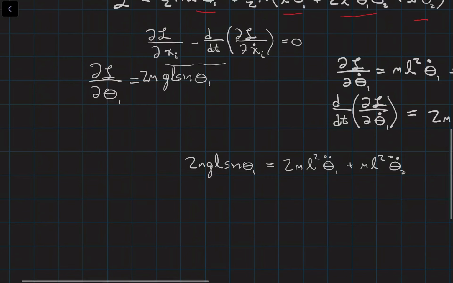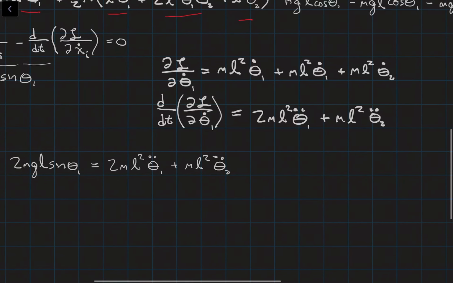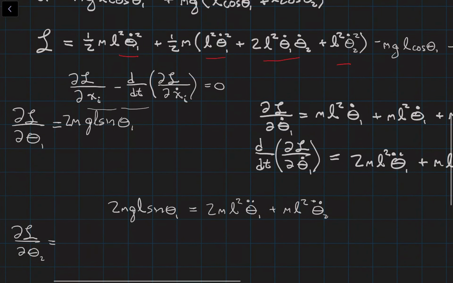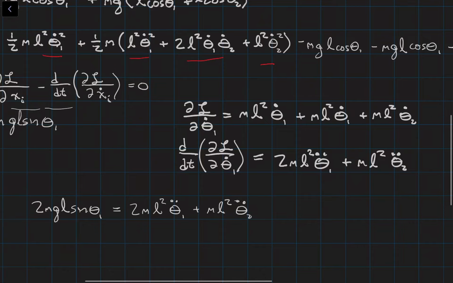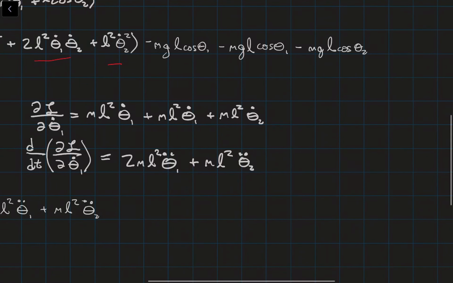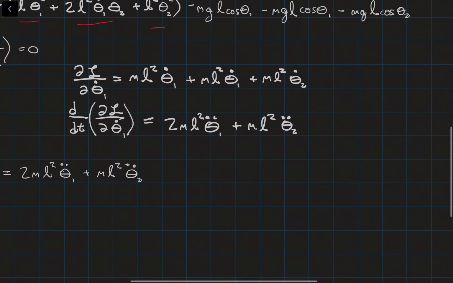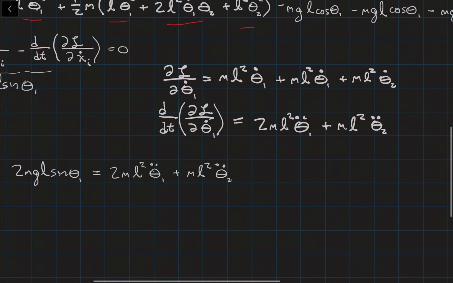So now we need to do the same exact thing for the other coordinate. We'll just start off, take the partial derivative of the Lagrangian with respect to theta 2, wherever I wrote the Lagrangian here. As you can see, none of these dot terms have any dependence on theta 2, and there's only one term that does. So this is just going to become mgL sine theta 2.